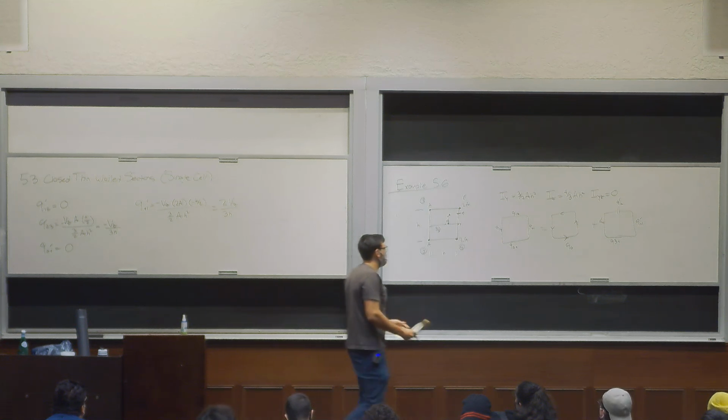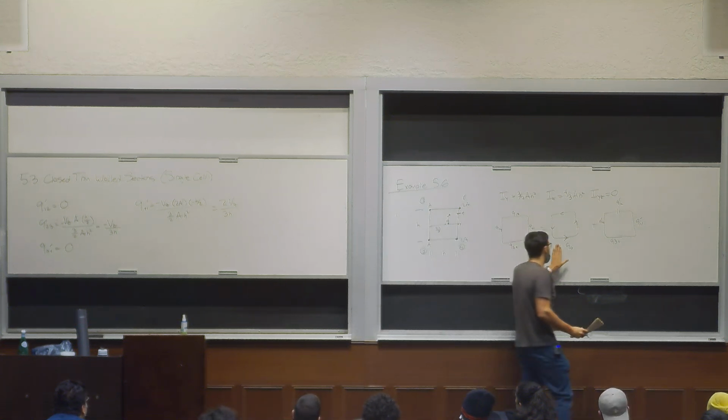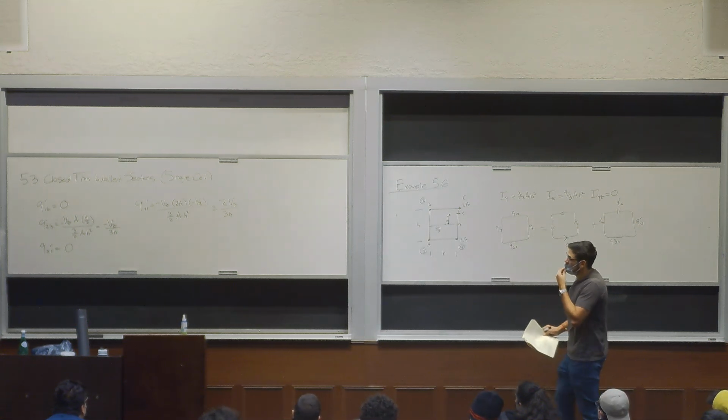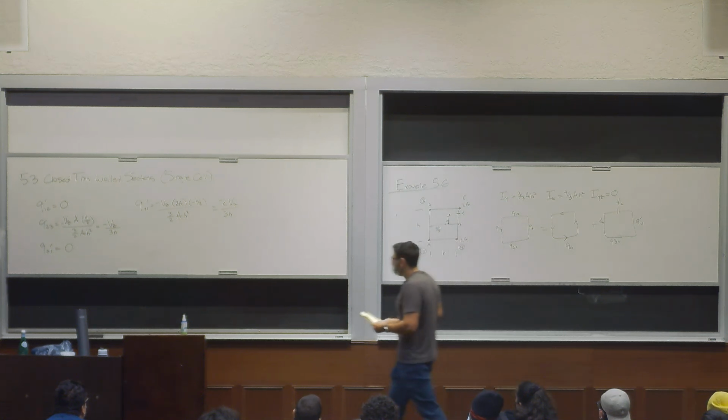Now, remember we split it up into 2 problems. Now we're going to find this constant Q naught. So how do we do that?